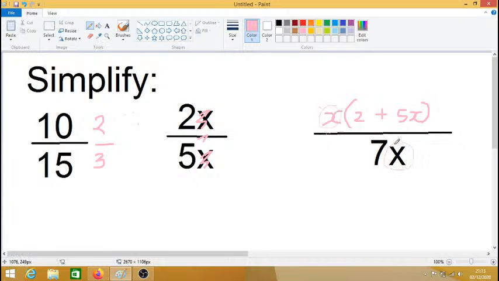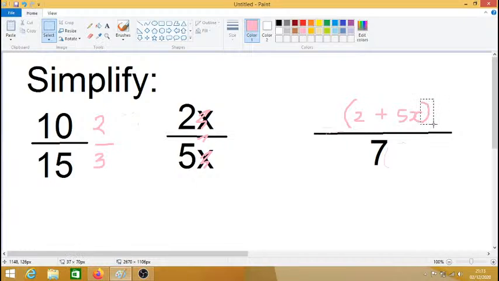So that's just going to become 1. That's going to cancel. So I'll be left with 2 plus the 5x on the top and just the 7 on the bottom.